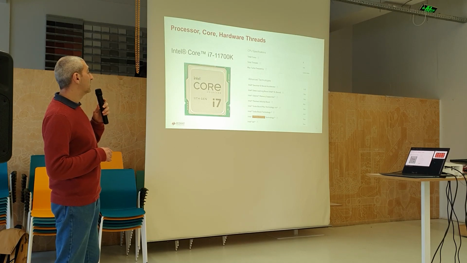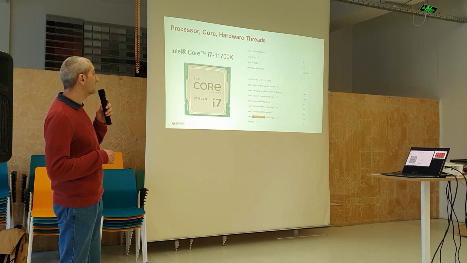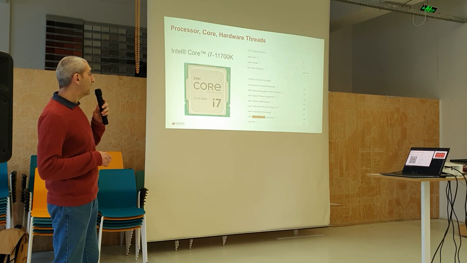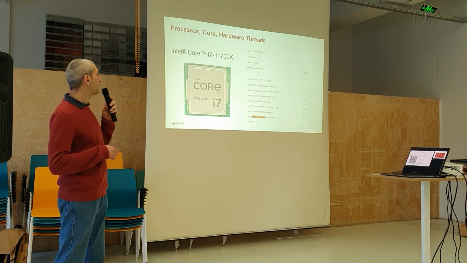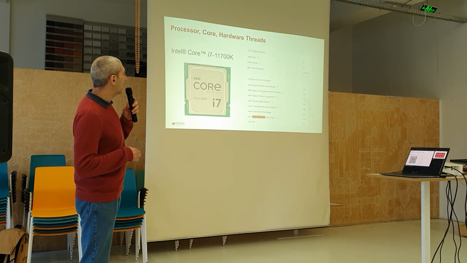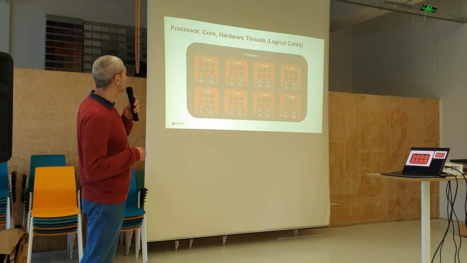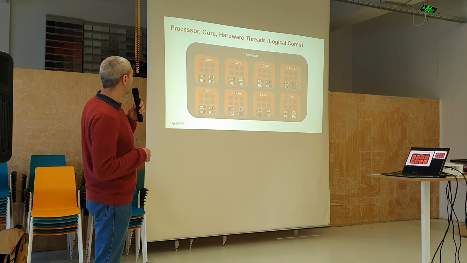Here we have an 11th generation Intel i7. It says it has 8 cores, and because hyperthreading is enabled, it has a total of 16 threads. Now let's see how this will show in a slide.